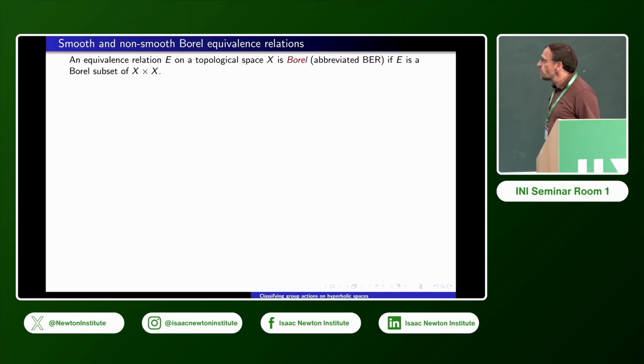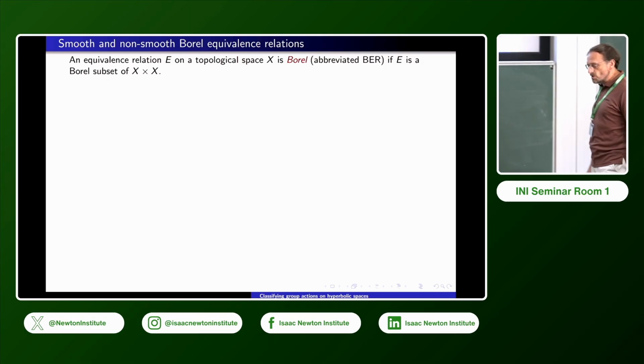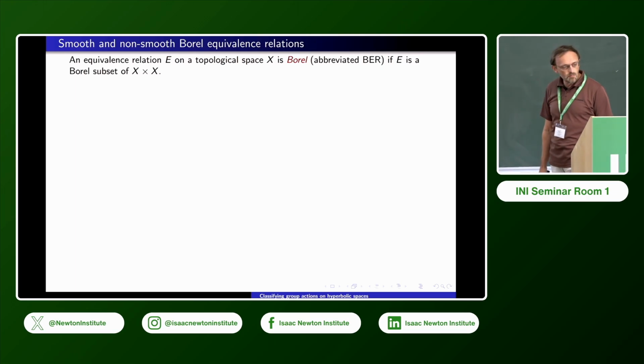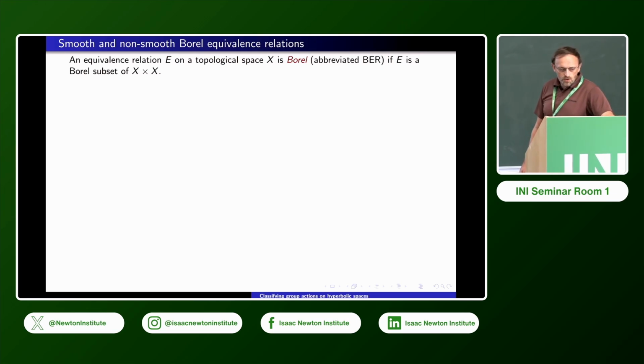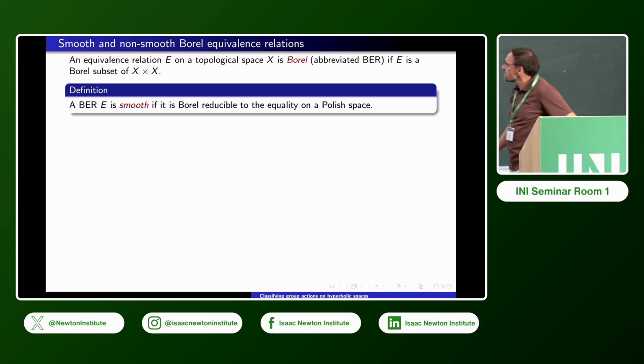So now we are going to talk about Borel equivalence relations on topological spaces, and an equivalence relation on a topological space is called Borel if it's Borel as a subset of the space cross itself.